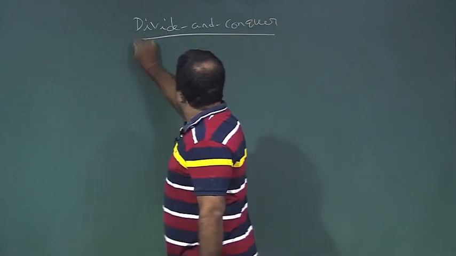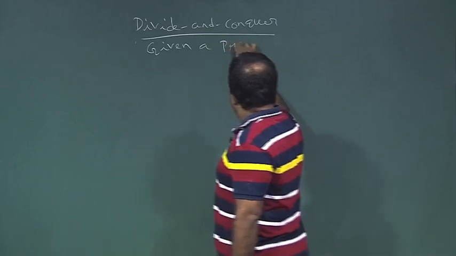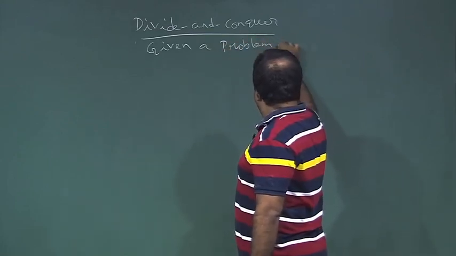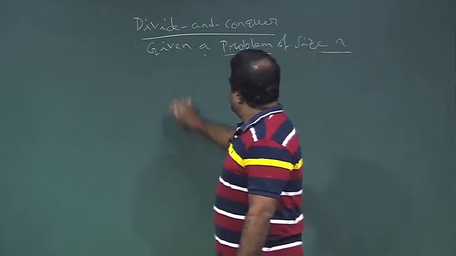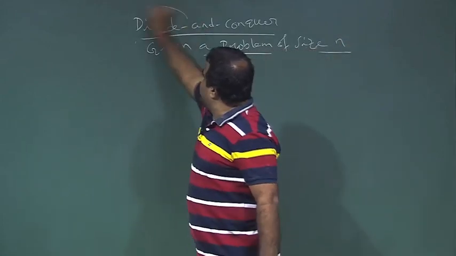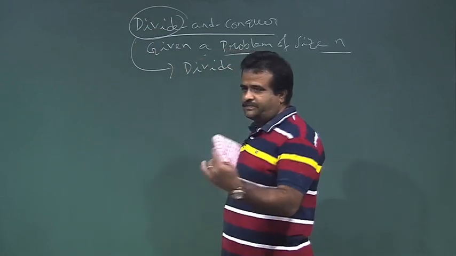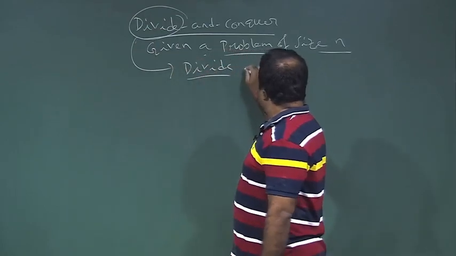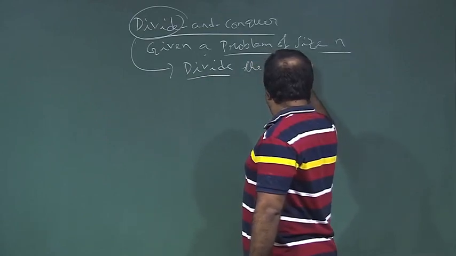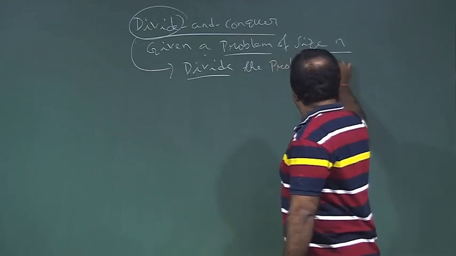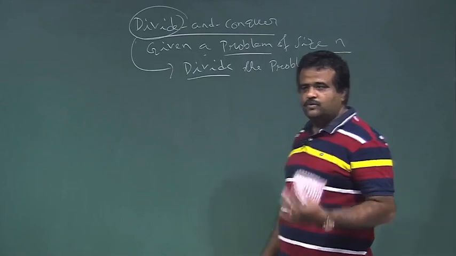So, we are given a problem of size n. In the first step, the divide step, we divide the problem into sub problems, and the sub problem size should be less than n.